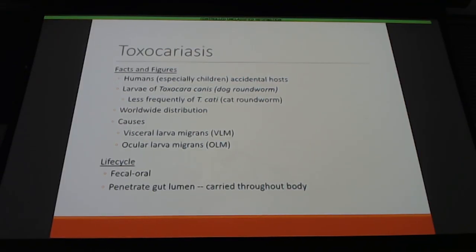Okay, we are accidental hosts. We accidentally ingest eggs from contaminated soil that may be infected by some animals, in which case maybe dogs, maybe cats, Toxocara cati and canis. Right? Now, other means by which we can get infected would be animals that we eat that may be infected with it.